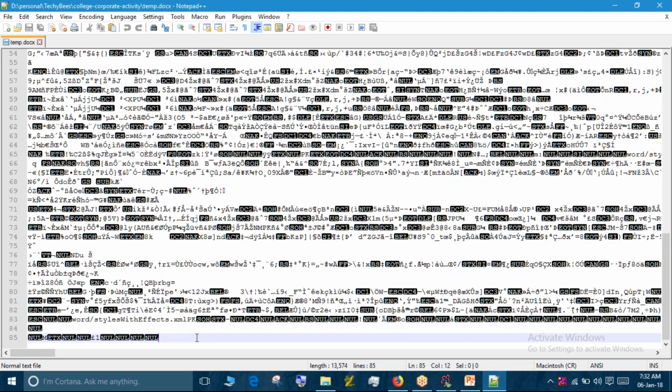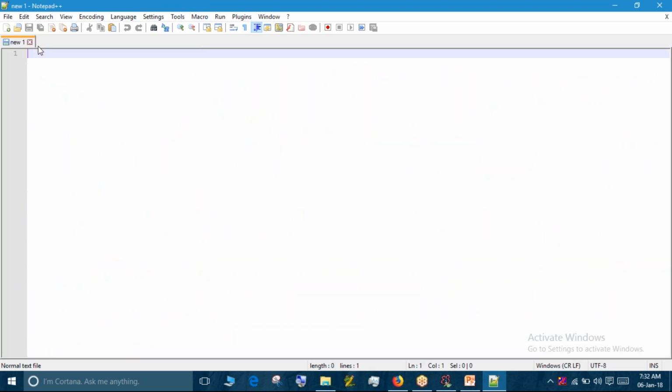But all this is the metadata which only your Microsoft Office can understand. Of course, OpenOffice, whichever application understands .docx, it is information to that. Are you getting my point of what I'm saying here?